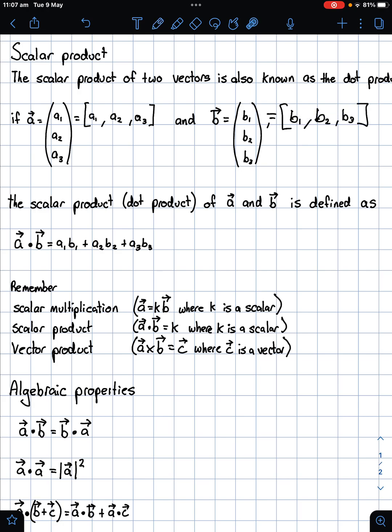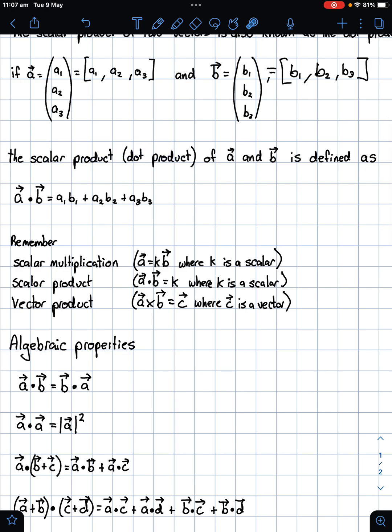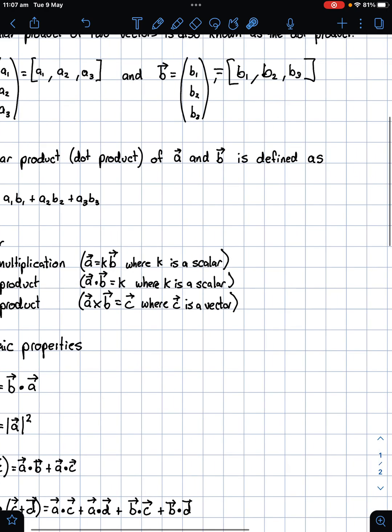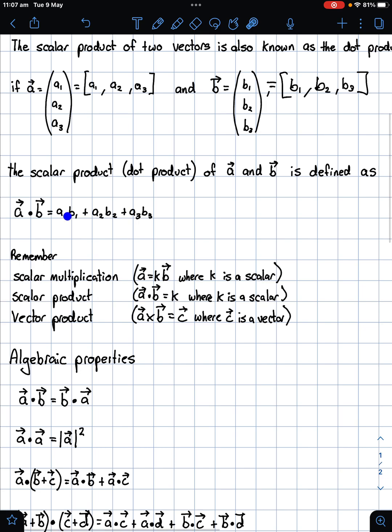The scalar product or dot product of a and b is defined as a dot b, and we multiply each corresponding element and then add them all together. So a1 times b1 plus a2 times b2 plus a3 times b3. This is going to give us a constant answer. It's just going to give us a number.